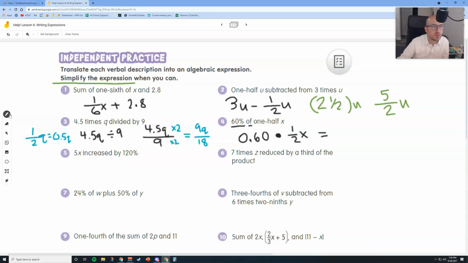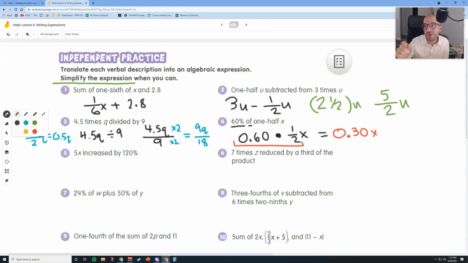So basically what I would do is multiply these two factors, because 1/2 x is still multiplying by x. 60% of a half is the same as a half of 60%, and that would be 30%. So I can write that as 0.3, and it's going to be x. Woo! Let's keep going.